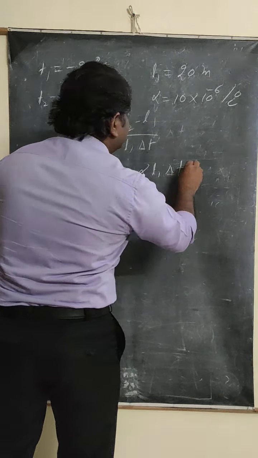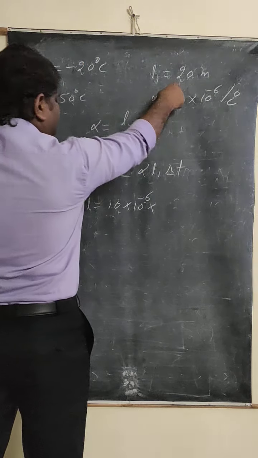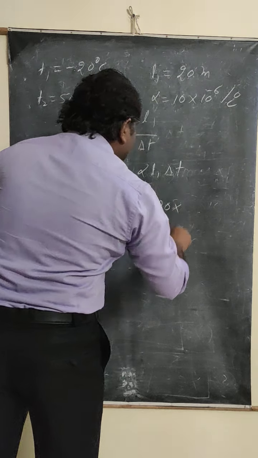Now find the values. Delta L is equal to alpha, which is 10 into 10 to the power of minus 6, into the initial length, which is 20, into the temperature difference.